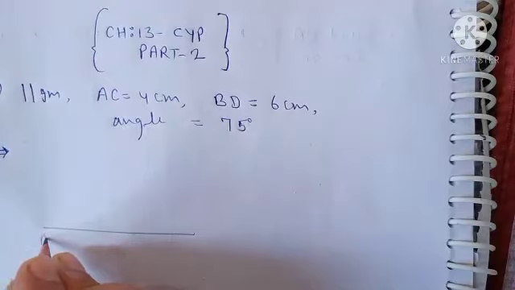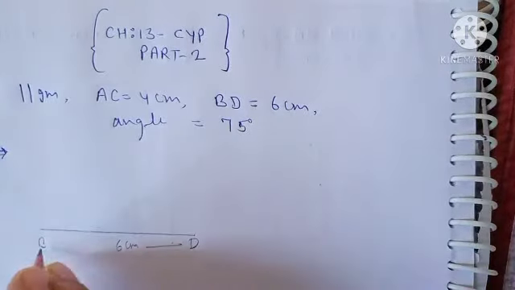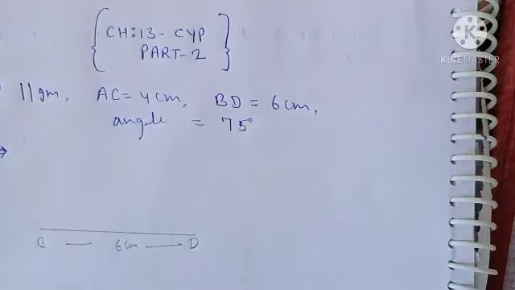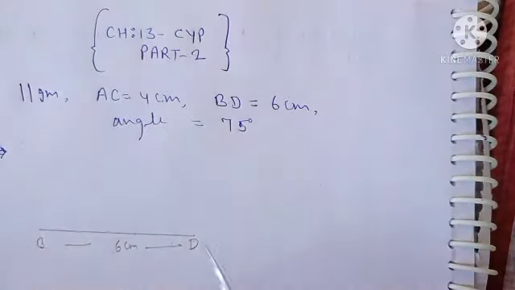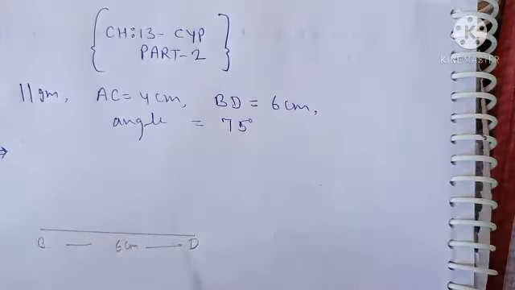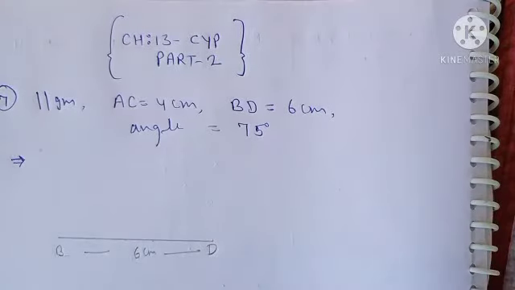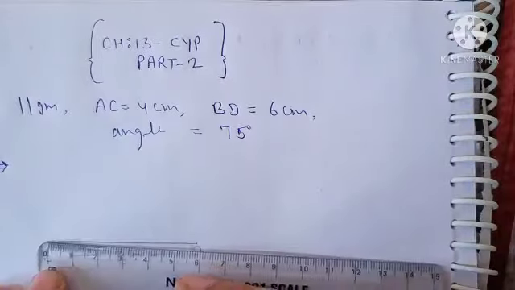Okay, this is line segment BD equal to 6 centimeters. Now we have to cut off this BD at O, which is half of 6 centimeter. So half of 6 centimeter is 3. Okay, so we have to cut off O point.